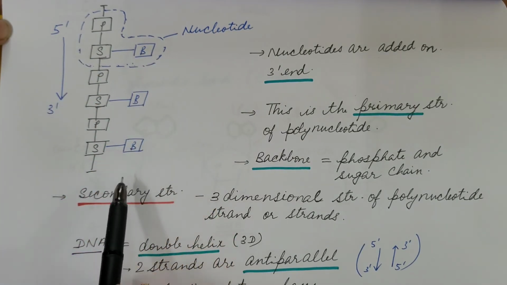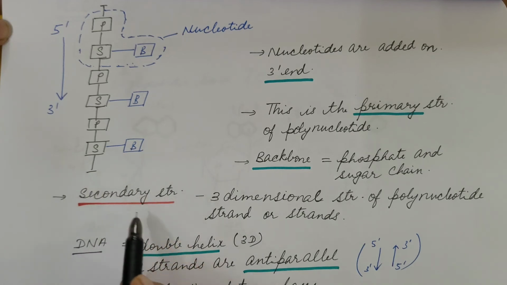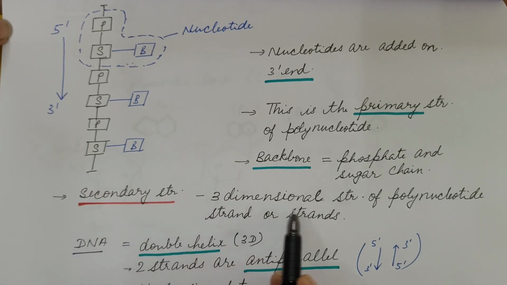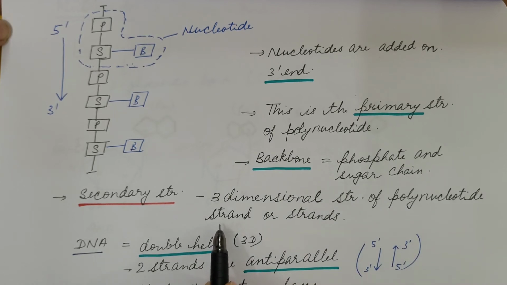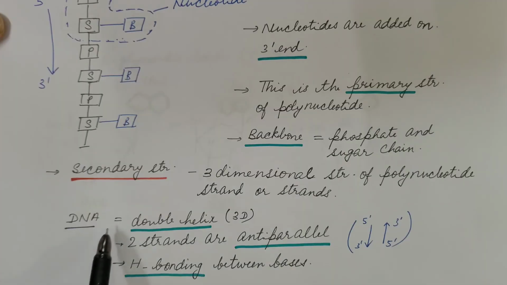These are the bases. Secondary structure is also formed, which is the three-dimensional structure of a single polynucleotide strand or more than one strand. So if we talk about DNA, the three-dimensional structure is a double helix and it has two strands that are antiparallel.